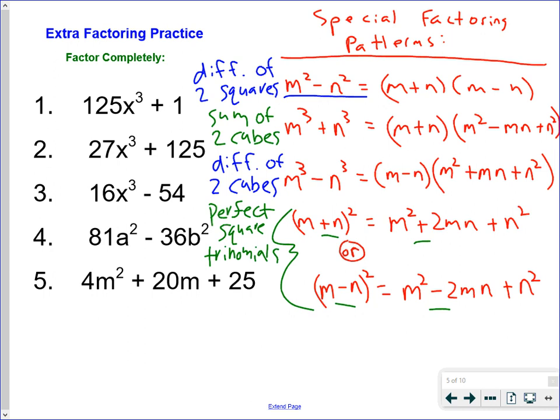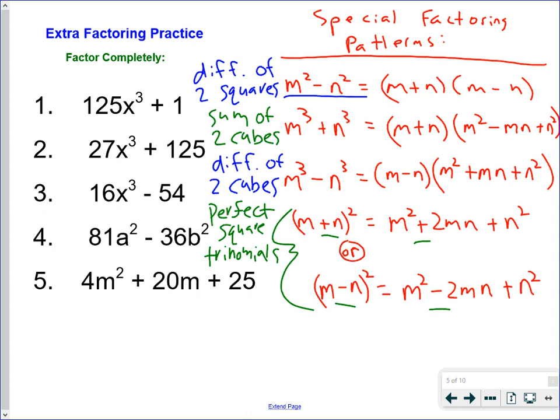You should be able to recognize them in doing problems. Okay, number 1 through 5, they're all going to be solved doing special factoring patterns. So I want you guys to do it on your own, try to do them, and get a good feel of what the special factoring patterns look like and how to use them.